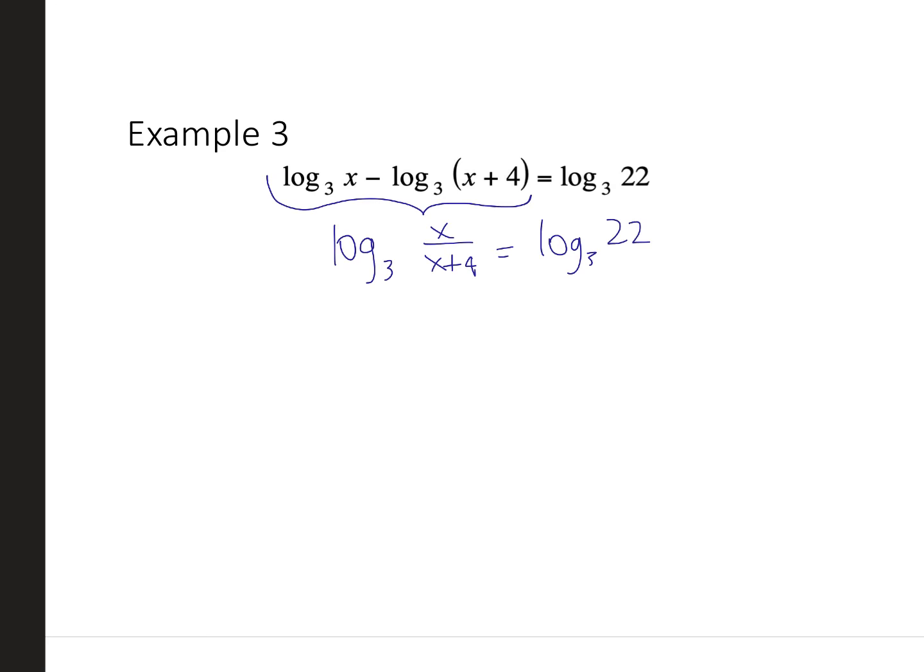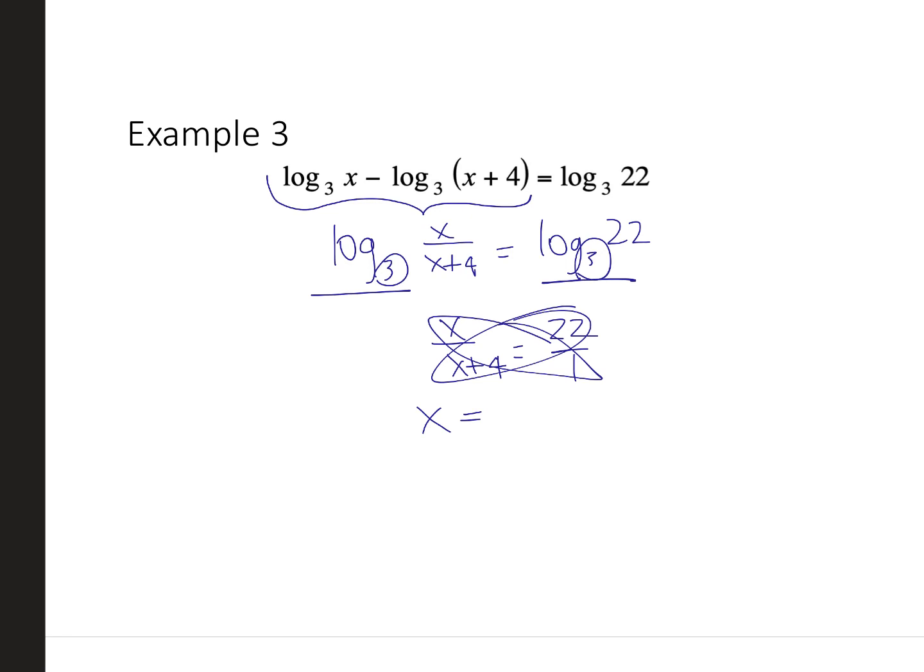And now that I have a log on each side that has the same base, I can set the arguments equal to each other. I'm going to put the 22 over 1 so that I can cross multiply. Here, I'm going to get x, and here, when I distribute, I will get 22x plus 88.